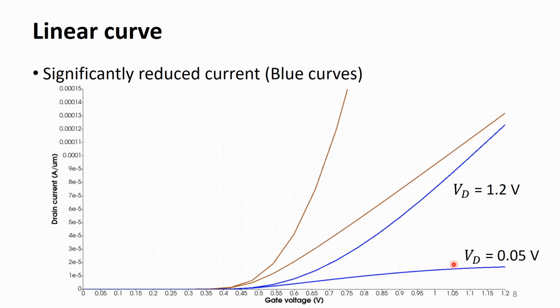It is because of the strong dependence of the electron mobility on the vertical electric field. The velocity saturation does not play an important role in a long channel device.